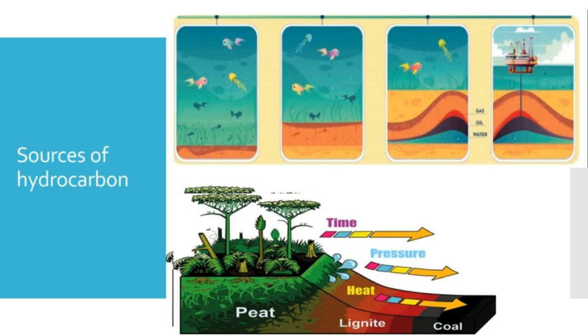Then they were buried deep inside the earth and, compressed through temperature and pressure, converted to fossil fuels like oil and natural gas. These fuels are found in porous rocks which lie below large bodies of water, especially oceans. By drilling these rocks, hydrocarbons can be extracted. Hydrocarbons are present in different trees and plants also.